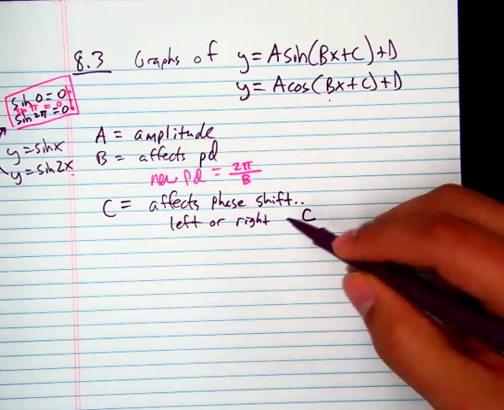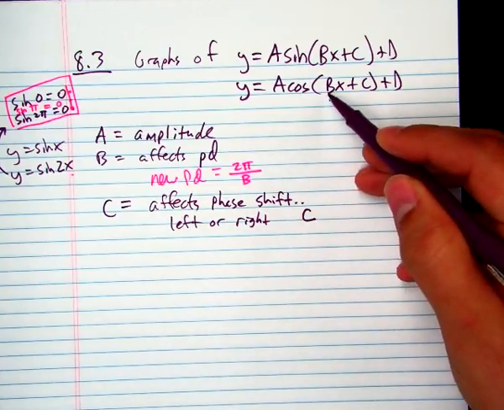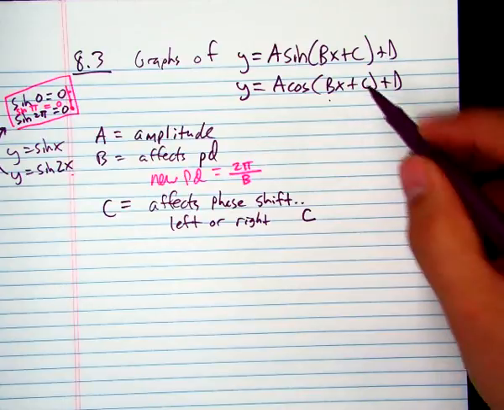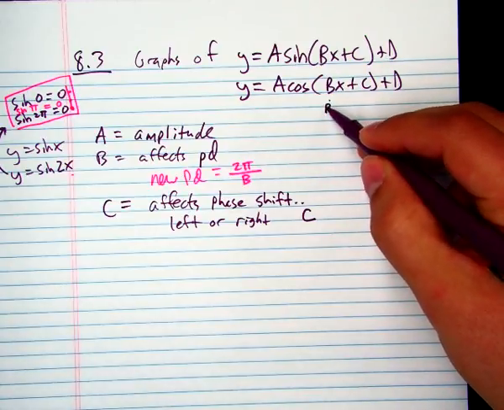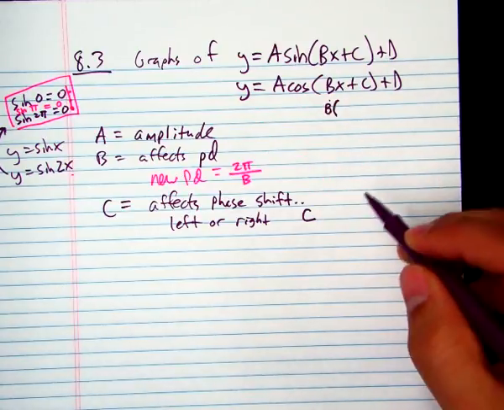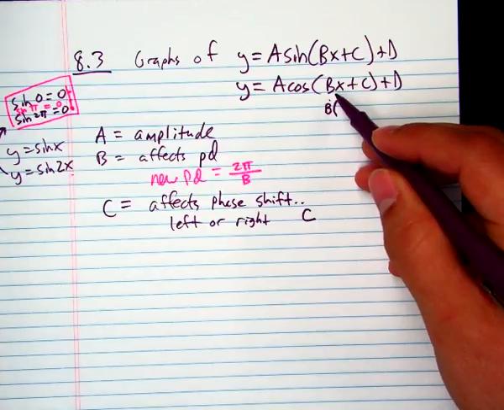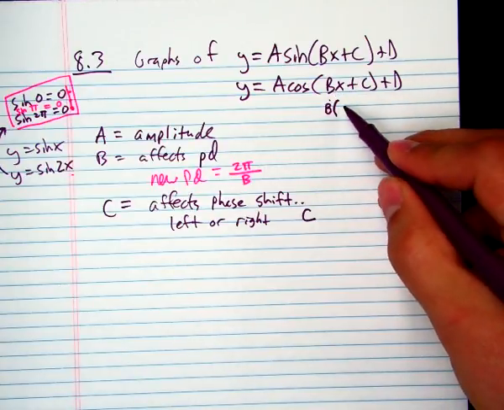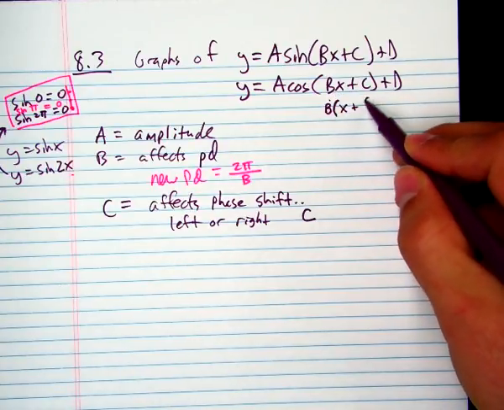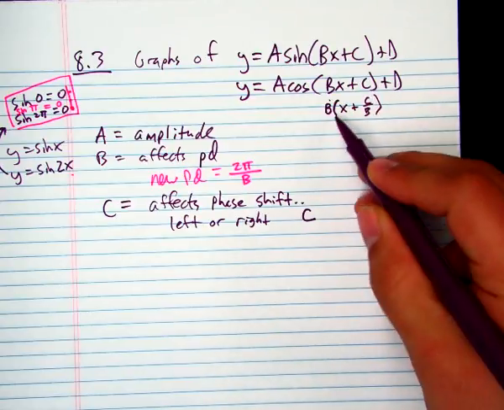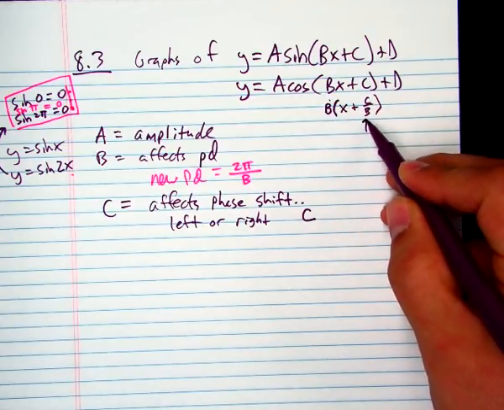But just like with the period, if there's a b value here, check this out so that you can believe what I'm saying. If I factored out a b, not that we would, but just to see one time what it's doing, if I factored out a b from this, what do I get? X plus c over b. So whenever there is a b value here, this is your true phase shift.